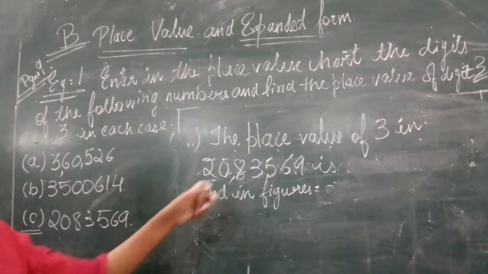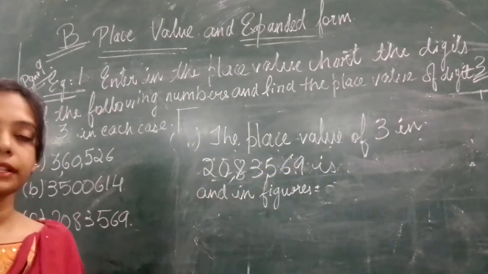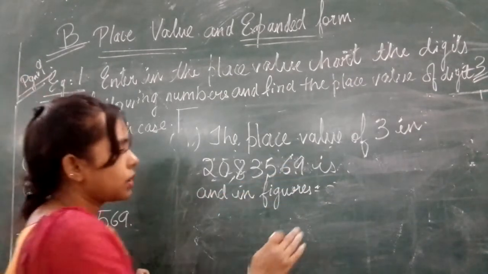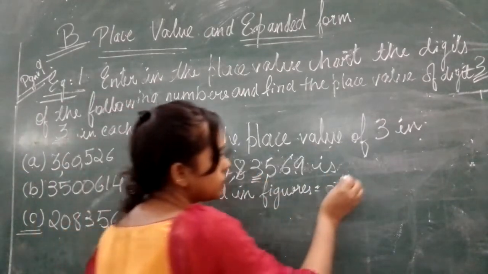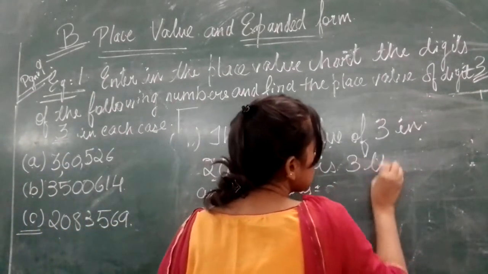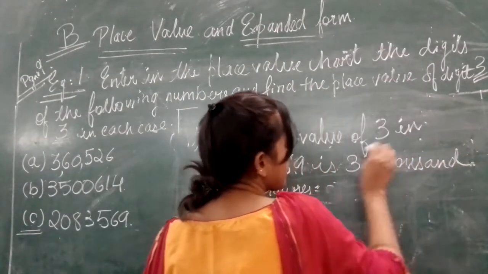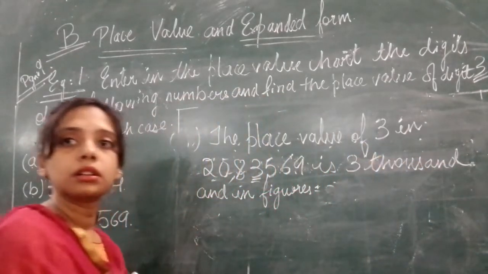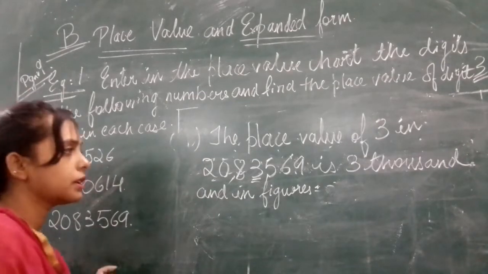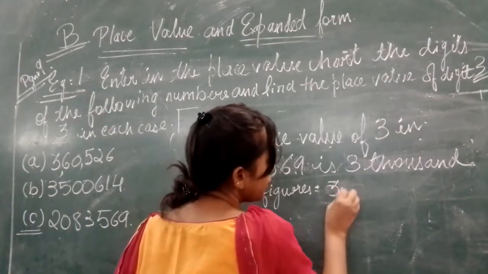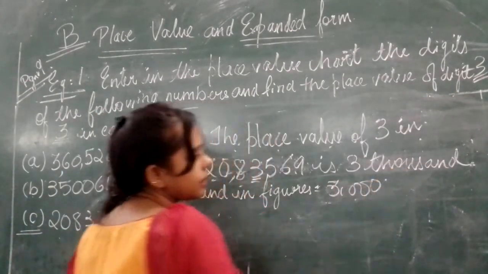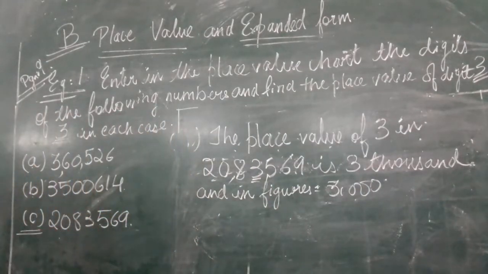Yes, 20,83,556. Now what is the place value here? 3,000 is 3,000. You will spell it T-H-R-E-E, and in figures how will you write? You know very well. Yes? Yes. I hope this is clear to you.